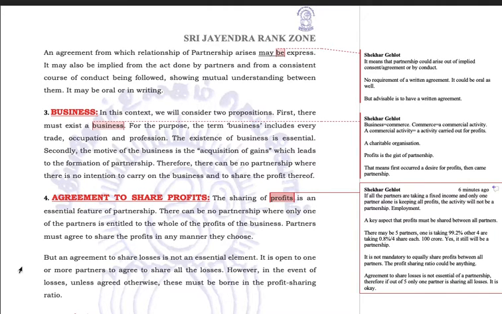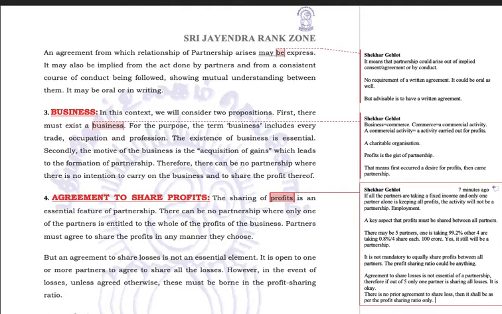However, in the event of losses, unless agreed otherwise, they must be borne in the profit sharing ratio. Suppose a loss happens, and there is no prior agreement to share loss, then it shall be as per the profit sharing ratio.